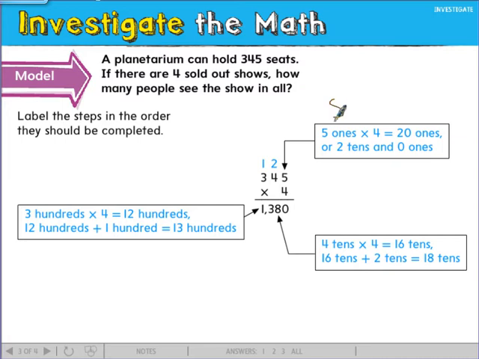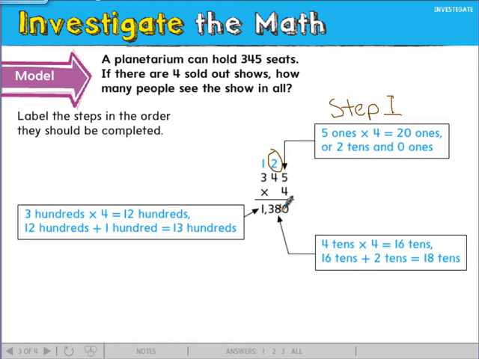5 ones times 4. So this is step 1. What's step 2? Four times 4. 4 tens times 4 equals 16 tens. Now look at, they talk about the 2 tens that they brought over.